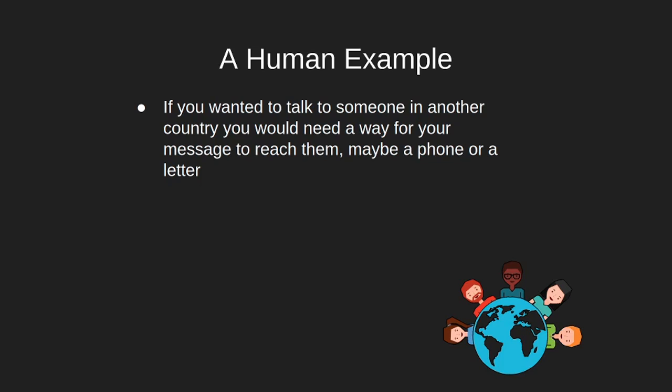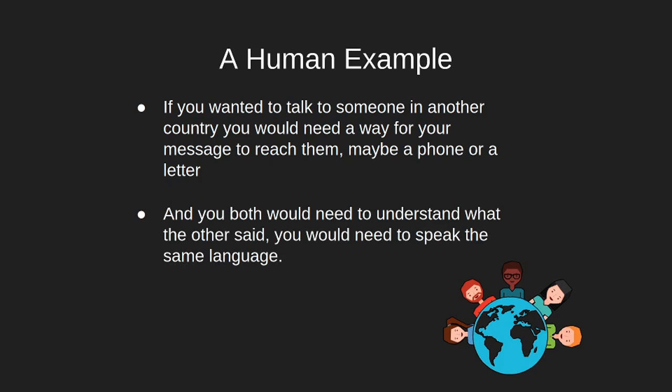Maybe you'd make a phone call or something as old-fashioned as sending a letter. But even if your message did reach them, you both would still need to be able to understand what the other person is saying. In a nutshell, you'd need to be able to speak the same language.